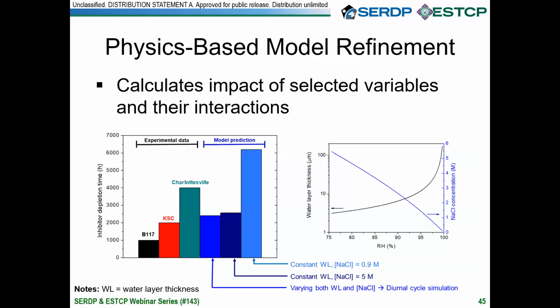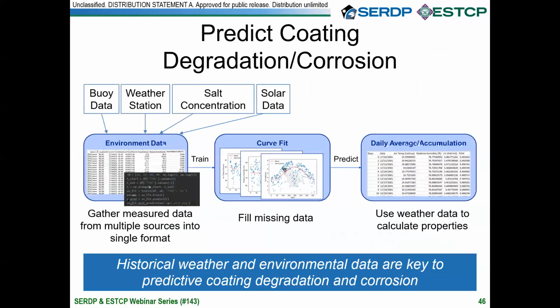So we developed a physics-based model to look at the time to inhibitor depletion and compared it to different locations where there were historical data collected. The experimental data gives discrete data points, but the physics-based model allows a more complete input into the model, including the whole parameter space. And as a bonus, the Bayesian model allows us to input this relationship, even though we don't know all of the equations behind it.